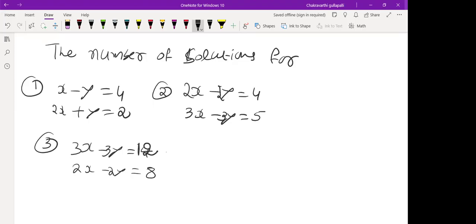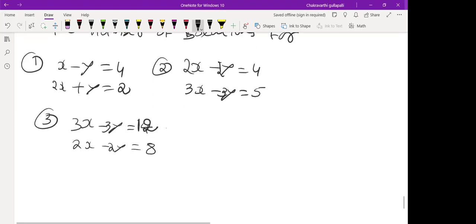Let us see what solutions we want to find. So what is meant by solution? The values of x and y which will satisfy both the equations is called a solution. So when you take the first one, x minus y is 4, 2x plus y is equal to 2, how to solve? This is like your 8th class problem.